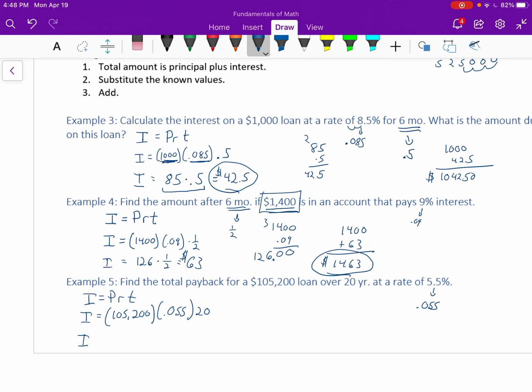Got a multiplication problem here to do. So 105,200 times 0.055. All right, 5 times 0 is 0. 5 times 2 is 10, so we add the 1. 25, 26, add the 2. 5 times 0 is 0 plus 2. And 5 times 1 is 5.